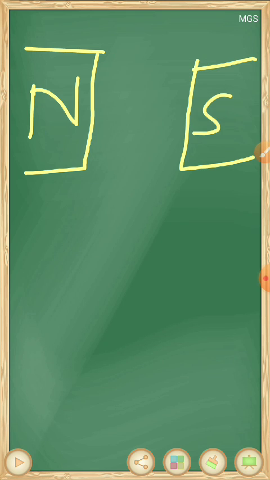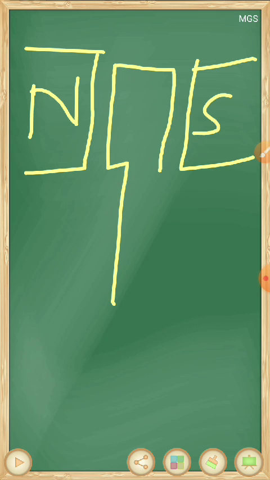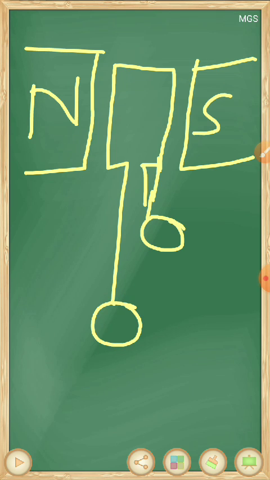This is the north and south pole, and a rectangular coil is placed in this magnetic field. These are the two rings which are connected to the two ends of the wire that is used for making the coil, and the coil is known as the armature.